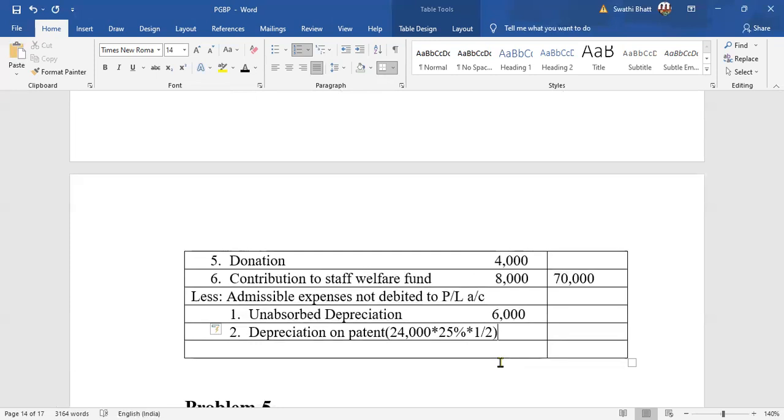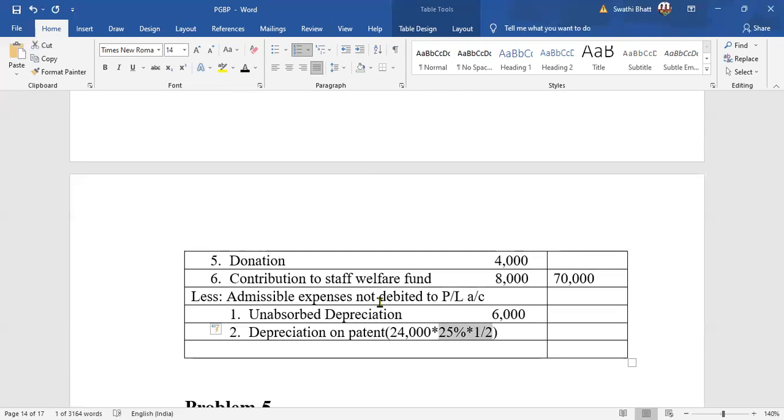If the asset was used for more than 180 days, you can claim depreciation on the entire percentage. But if it is used for less than 180 days, only half of 25% can be claimed as depreciation. So 180 days is like a divider.